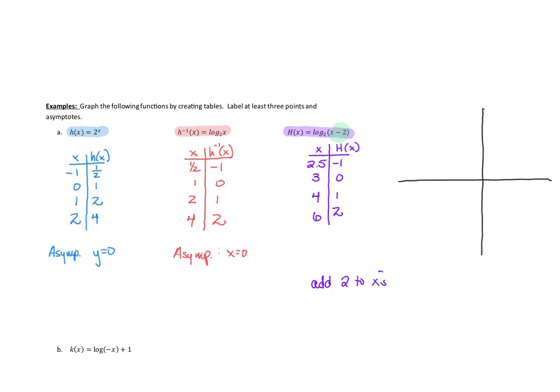All right, if we start with our exponential function, we have -1, 1/2. We have 0, 1, 1, 2, and 2, 4. And this is an exponential, so it is going to curve and go up this way.